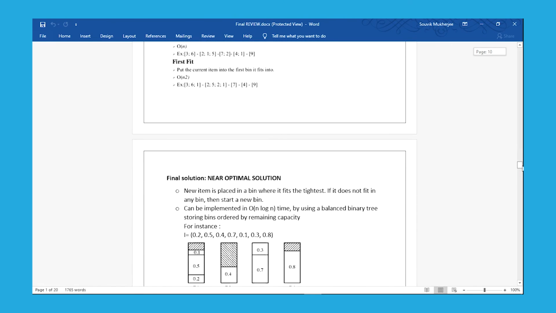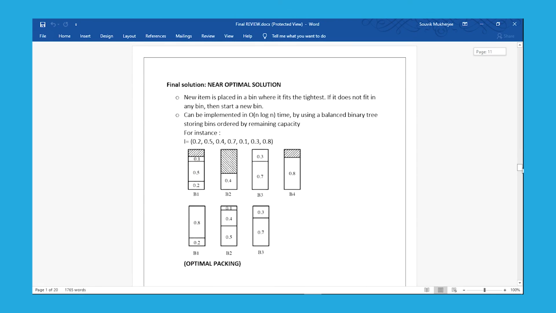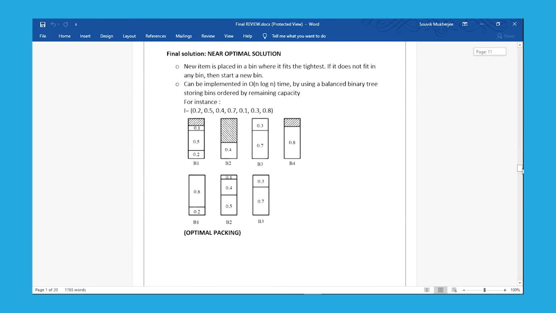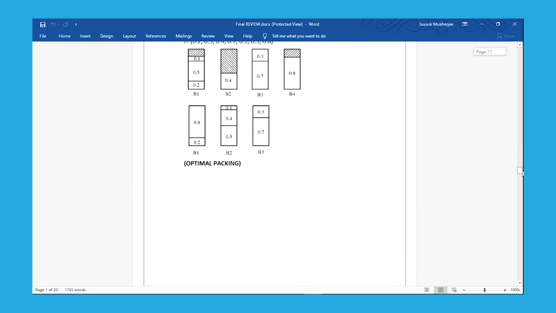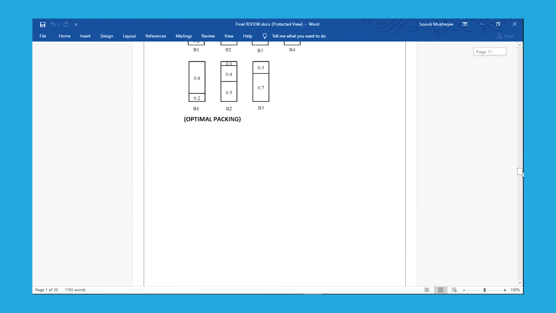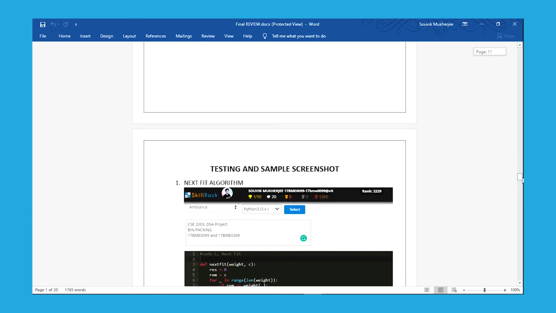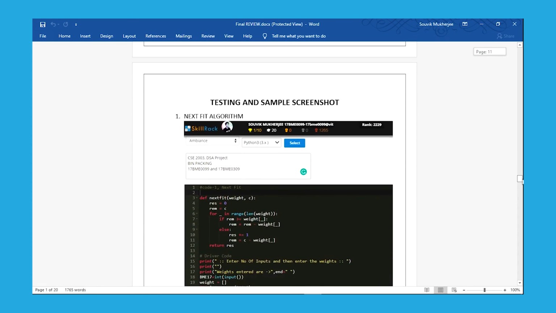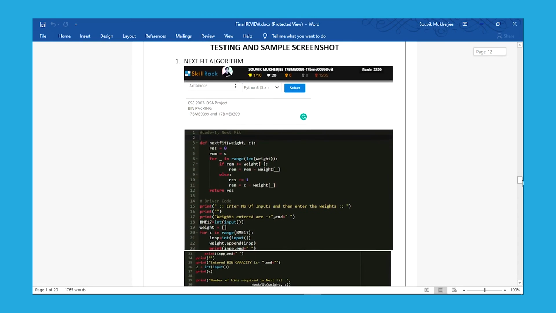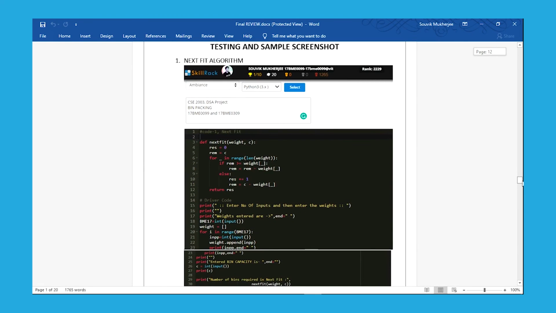And hence, comparing and analyzing, we have found that not only algorithm 3, that is the near optimal solution, works at the fastest speed, but it also reduces spatial complexity and ensures a homogeneous distribution of items. Right?